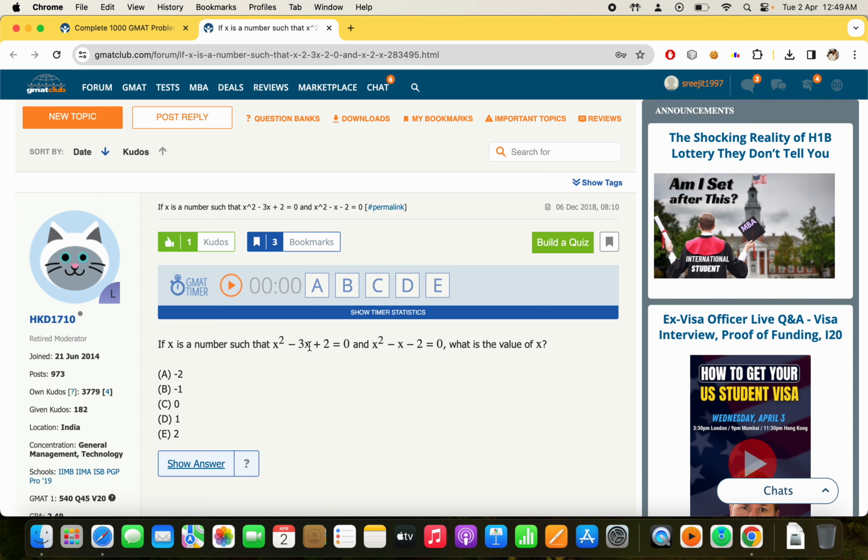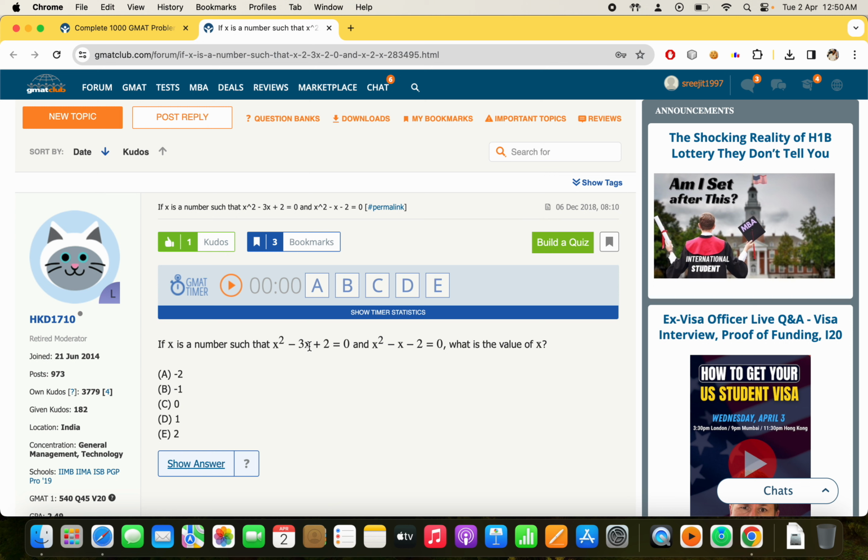And the second equation, x square minus x minus 2 equals 0. This is nothing but x minus 2 into x plus 1. This says x equal to either minus 1 or 2.